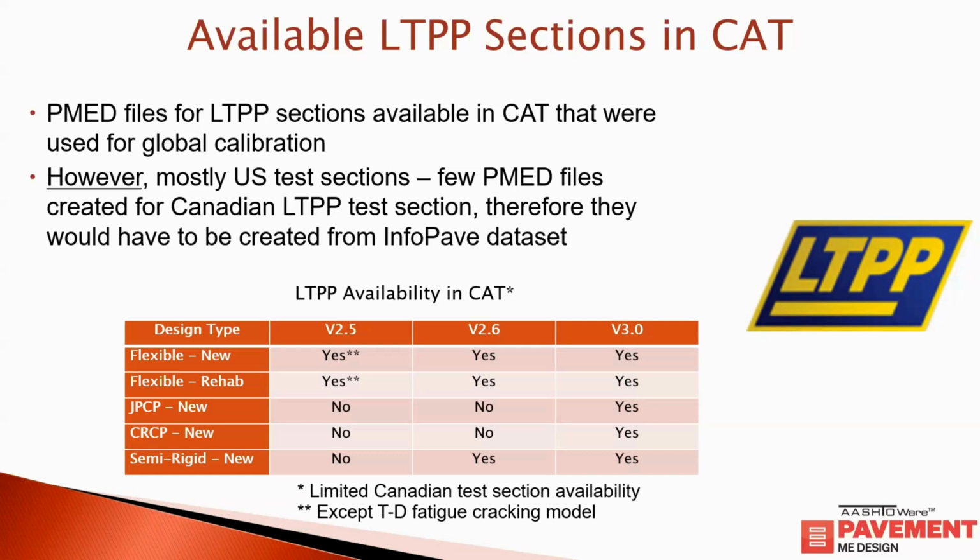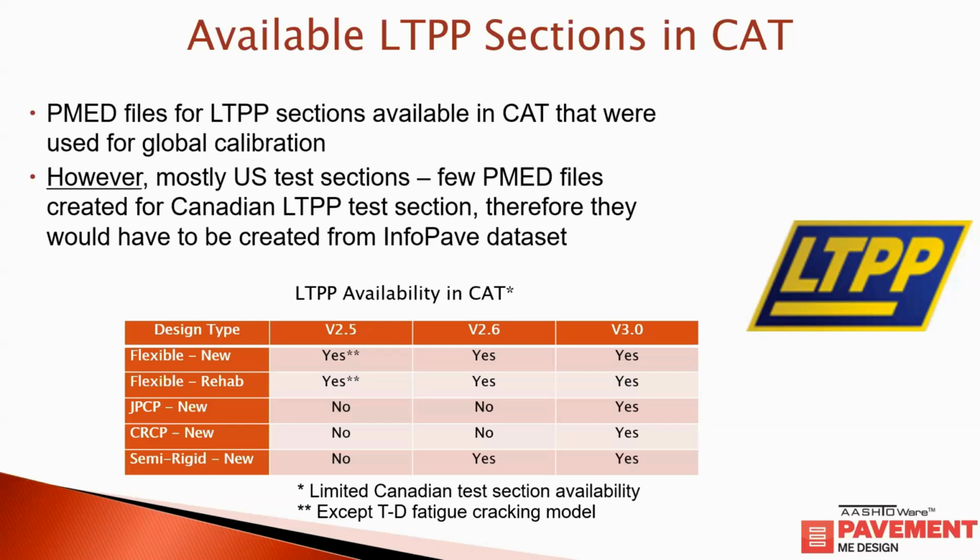So those are all there. So they have everything across the board except the top-down cracking model was not yet incorporated in 2.55, but it was available for 2.6, the top-down fatigue cracking model.